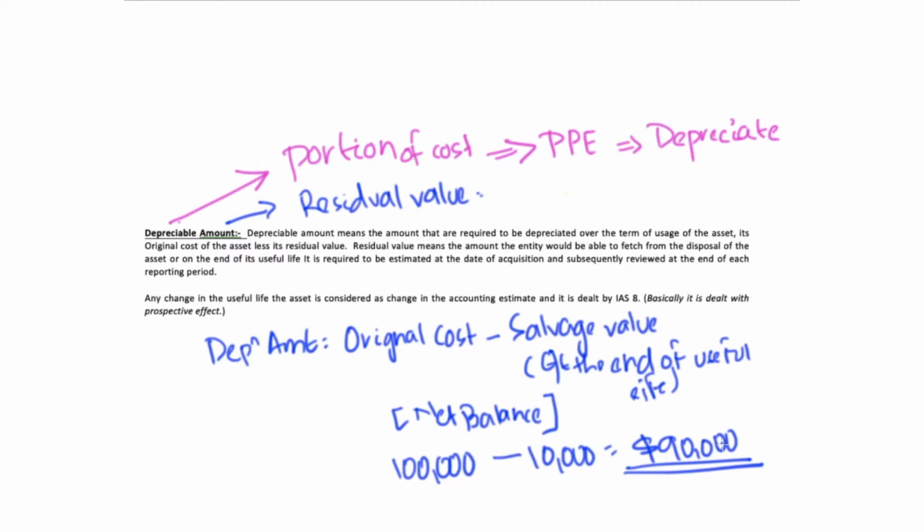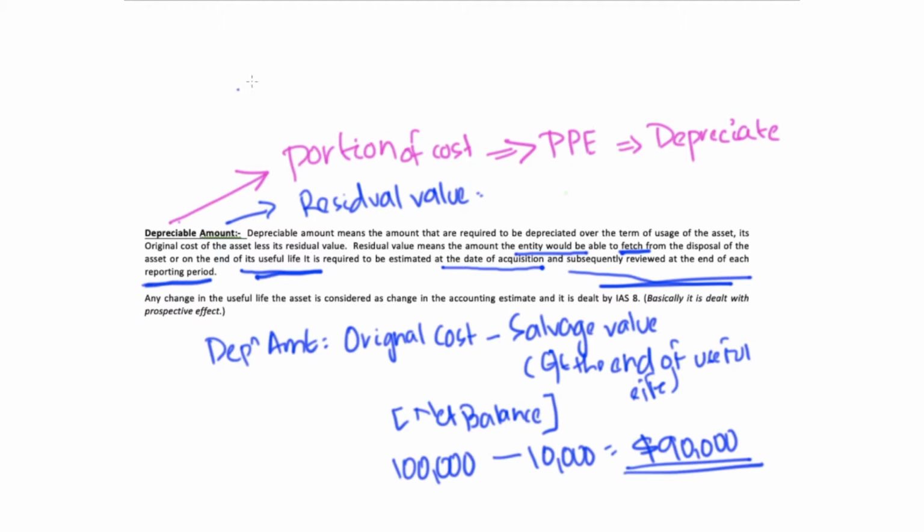Now, one thing that is very important to understand is that the residual value is the amount that the entity would expect to fetch from the disposal at the end of its useful life, and it is required to be estimated at the date of acquisition and subsequently reviewed at each reporting period.